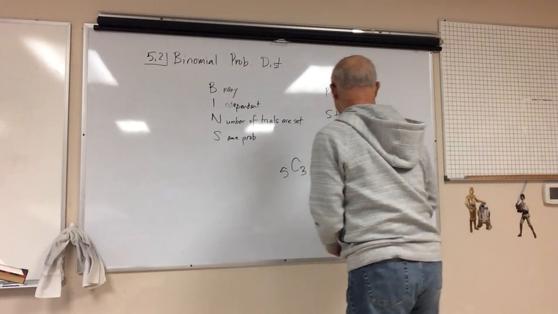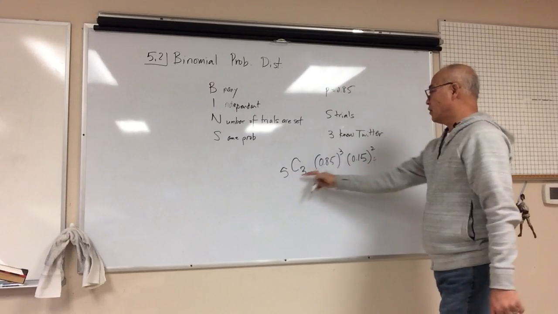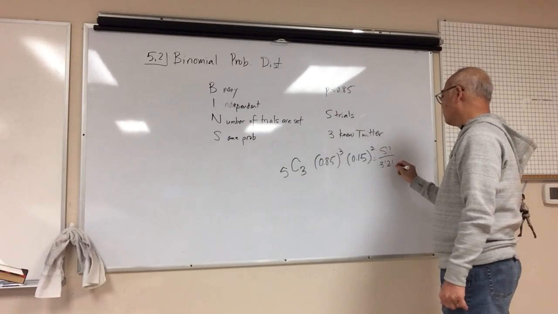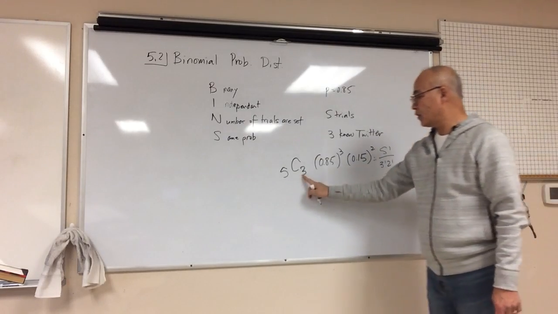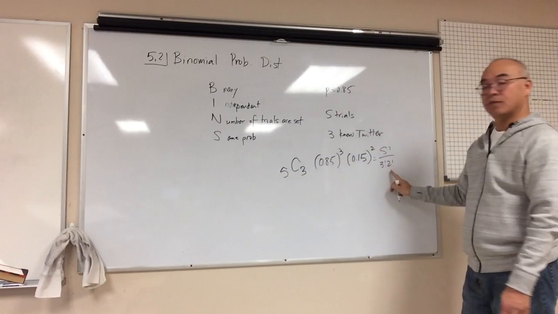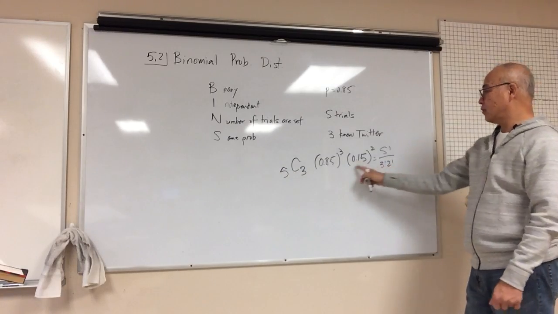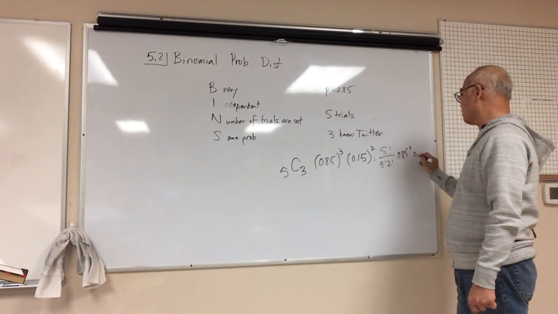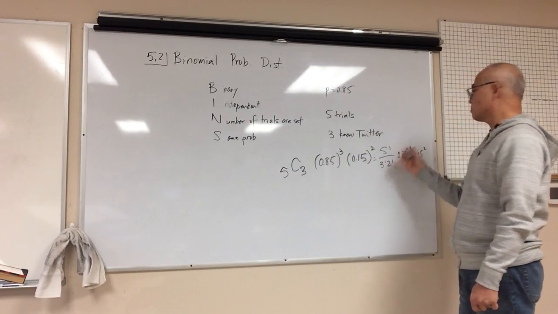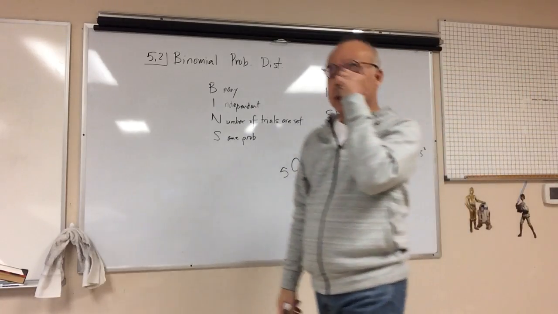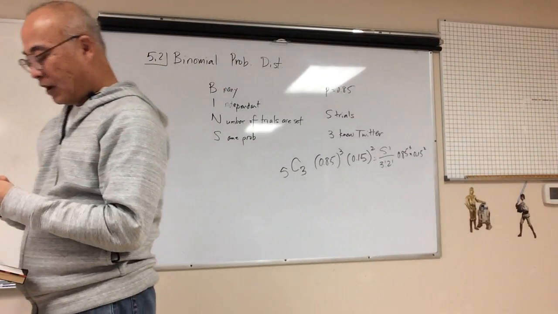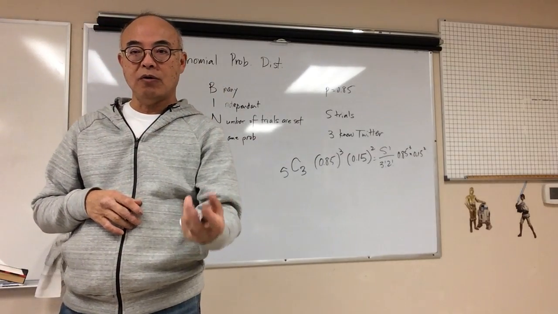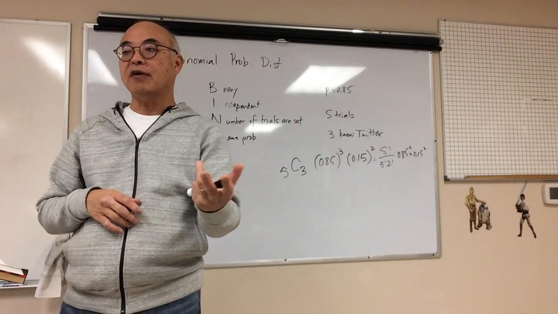So the way you would calculate this, you would do 5 factorial over 3 factorial, and then the 5 minus 3 being 2 factorial, and then you would just cancel. You would actually do the 0.85 to the third, 0.15 to the second. You would just multiply it. Okay, and that's how you'd find the probability of getting 3 successes, having 3 people know what Twitter is out of the 5. Okay?